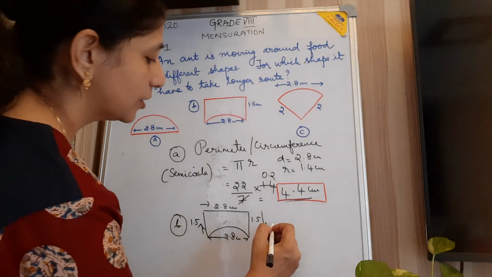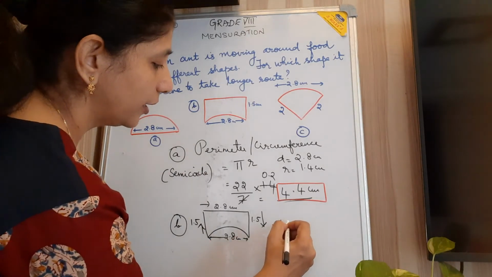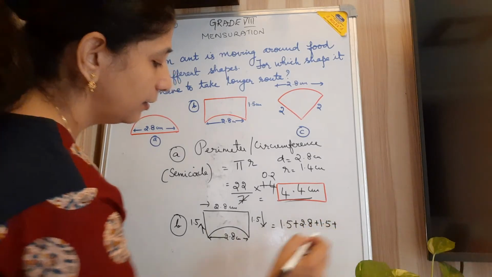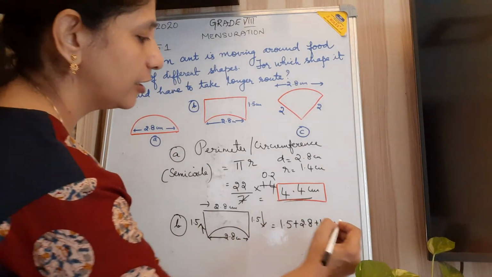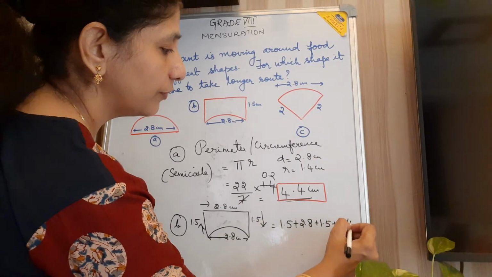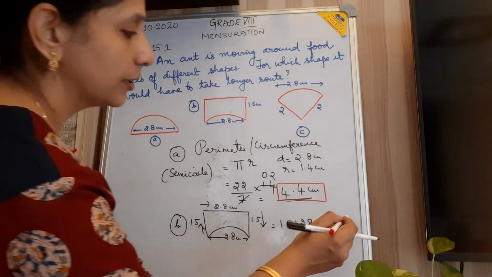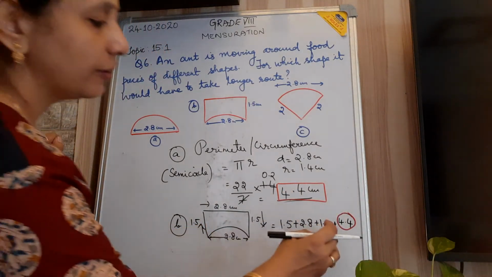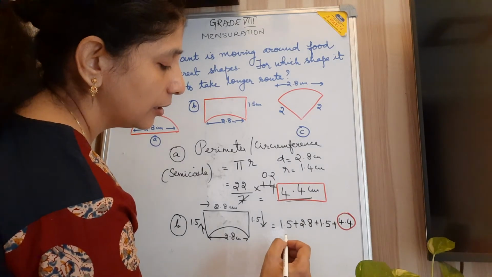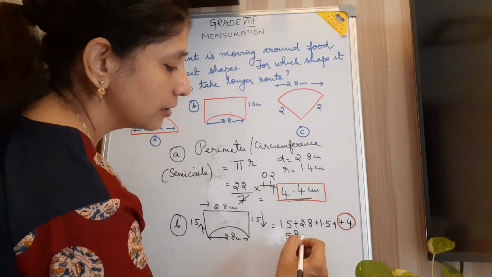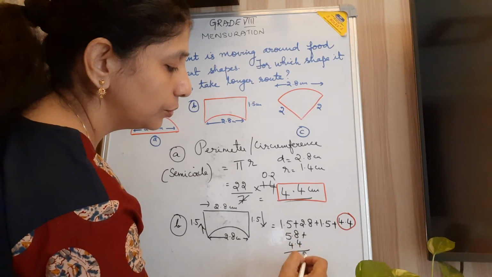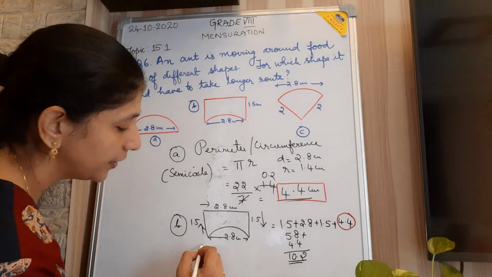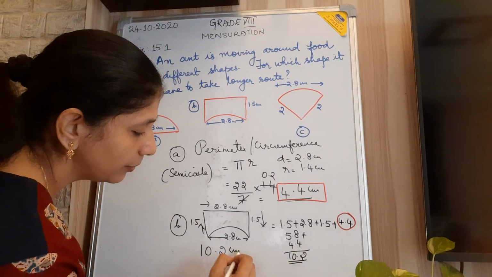If I start from this point, it is 1.5 plus 2.8 plus 1.5, then the semicircle comes. The semicircle is 4.4, which we calculated in the first part. Now you will add up. 1.5 plus 1.5 is 3. 3 plus 2.8 is 5.8. 5.8 plus 4.4 is 10.2 centimeter. So in the second part, it has travelled 10.2 centimeters.